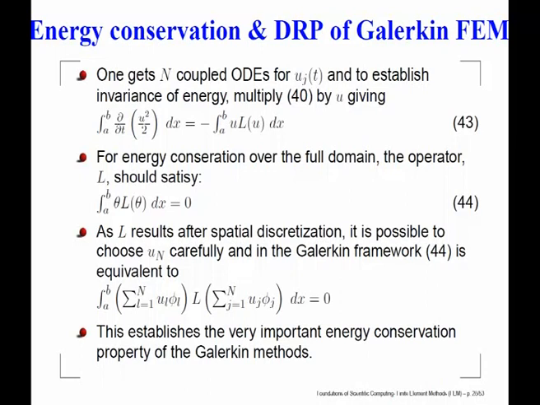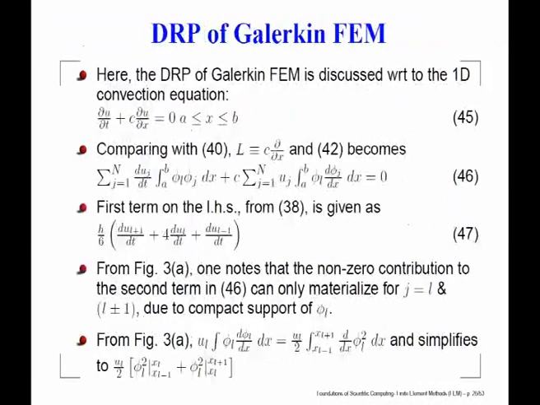So, that is essentially this. Basically, after your spatial discretization, if any function theta could be written like this, then you have achieved energy conservation, and this is what is actually done in Galerkin method. So, that is why Galerkin method continues to be a method of choice for very accurate calculations.